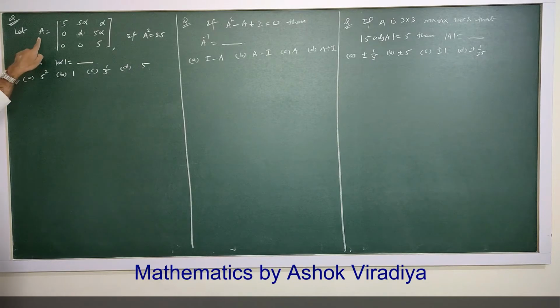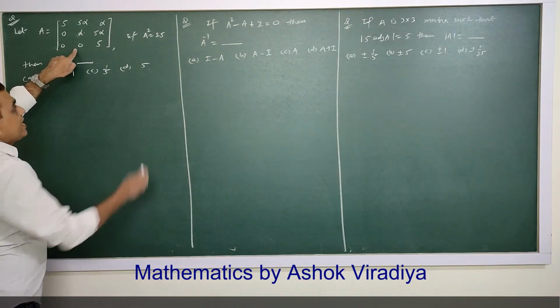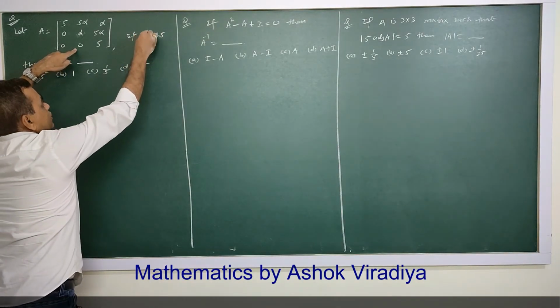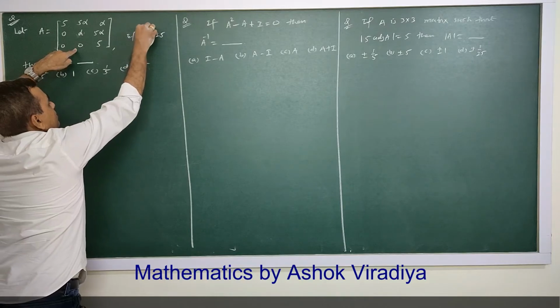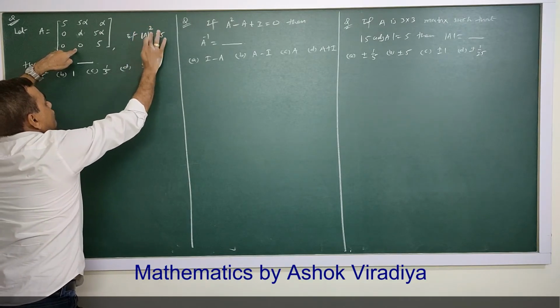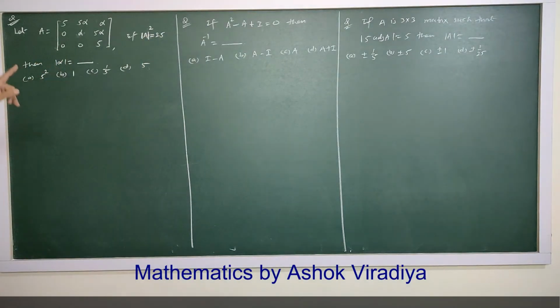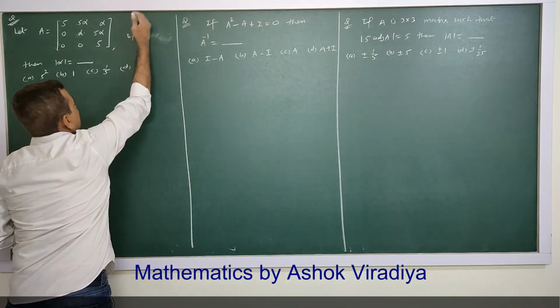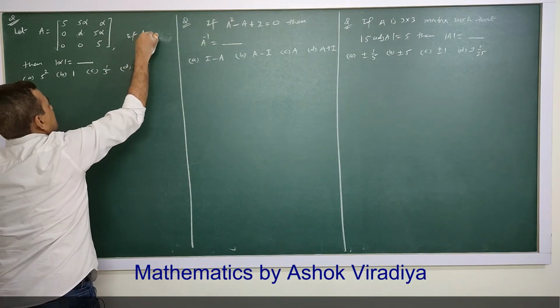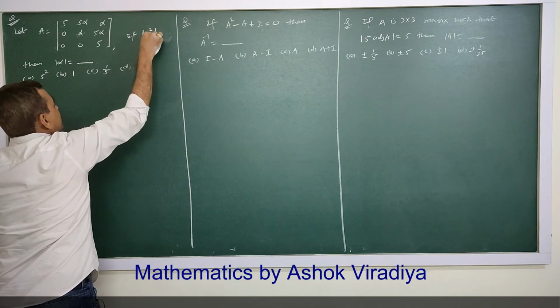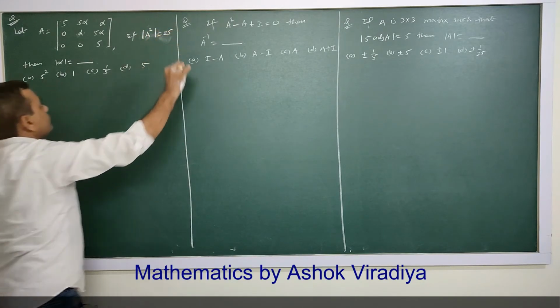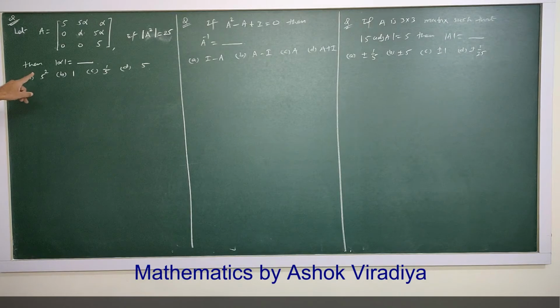If this is matrix A, and the square of determinant of matrix A is 25, sorry, here the question is: determinant of A square is 25, then what is modulus of alpha?